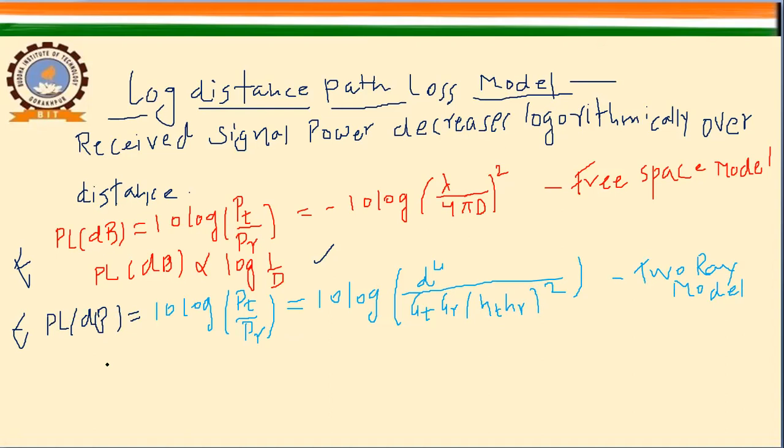And you see here, path loss in dB in the two-ray model is proportional to the logarithm of the separation distance to the power 4.